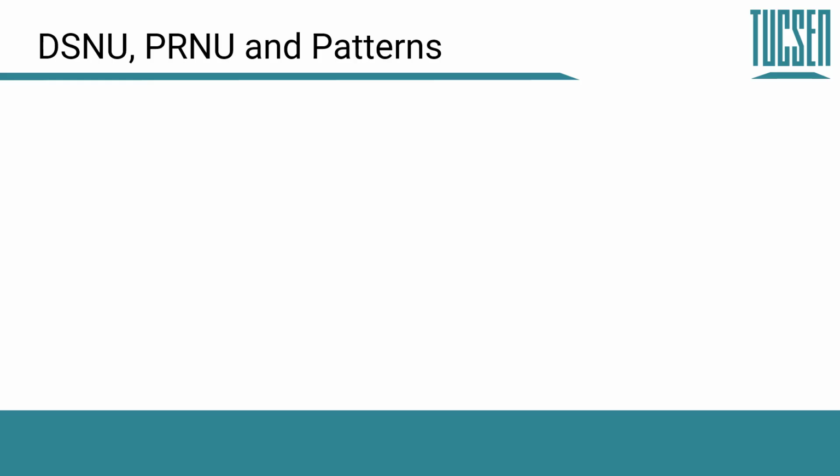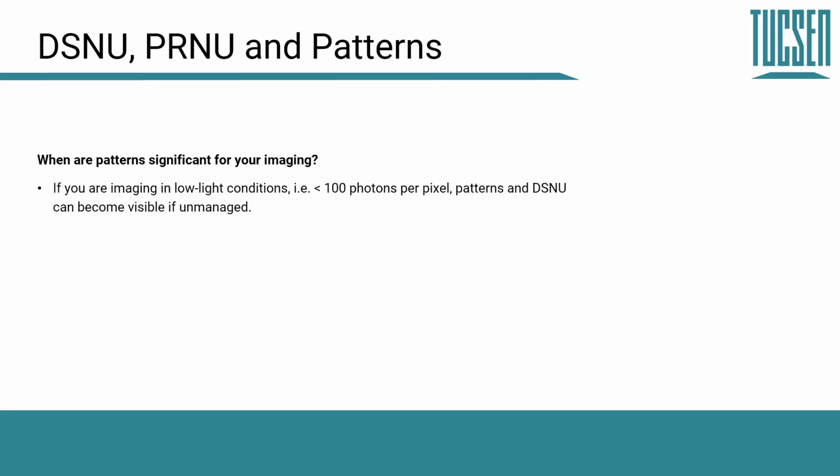As a summary for DSNU, PRNU, and in general patterns in our image, when are these likely to be significant for imaging? The answer is mostly if you're imaging in low light conditions. As a rough rule of thumb, if you have less than 100 photons per pixel at peak, we might have a more significant contribution of patterns and DSNU if these are unmanaged.